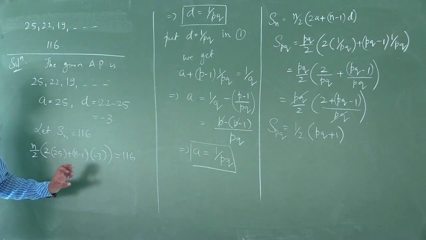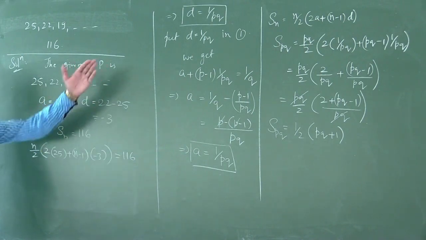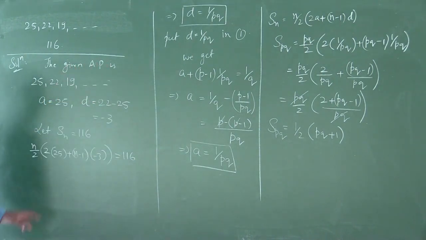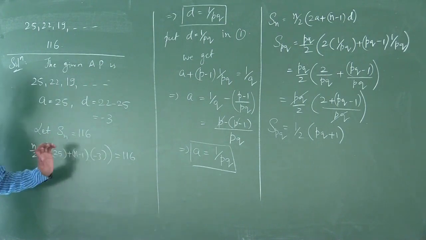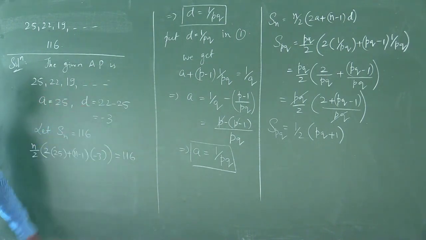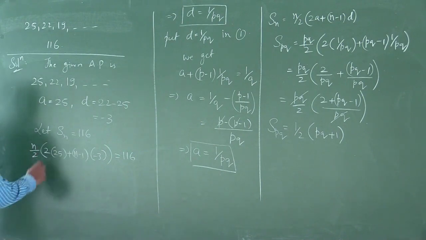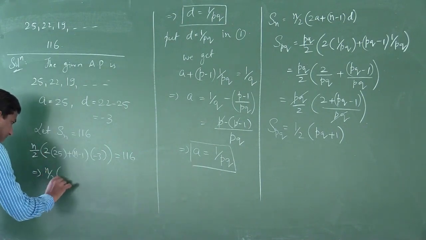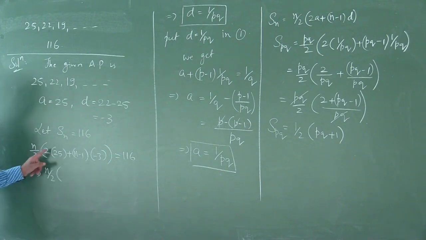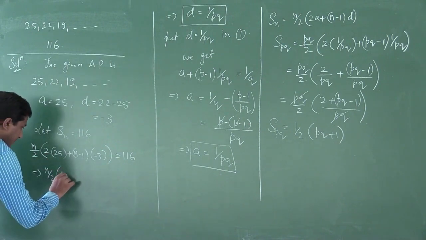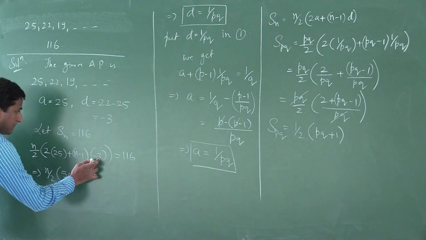So what have we done? We have just used the formula of Sn and written it here. We have substituted the values of A as well as D. Okay, we'll simplify this equation to find the value of n. n by 2 into 2 into 25 gives us 50, minus 3.